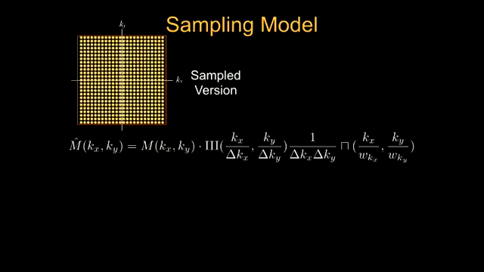So whatever is given as a continuous value, if you multiply by the comb function, it gives infinite discrete values, and then the rect gives you a limited set of discrete values in a 2D domain. And that's governed by delta kx, Wkx, and delta ky and Wky.